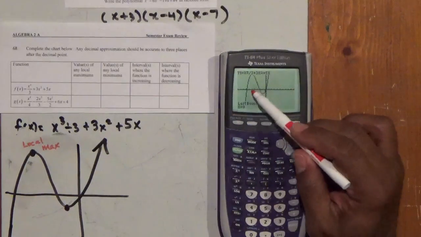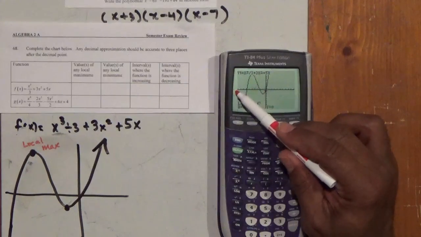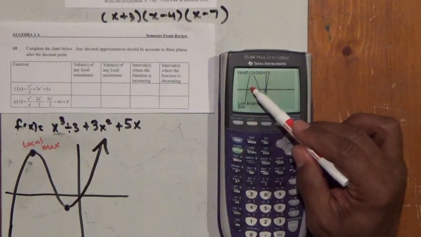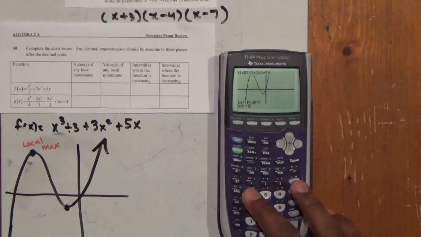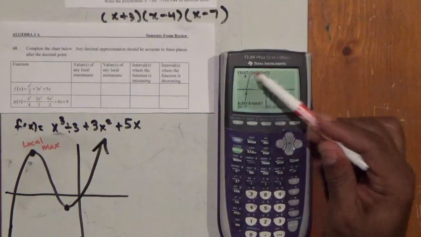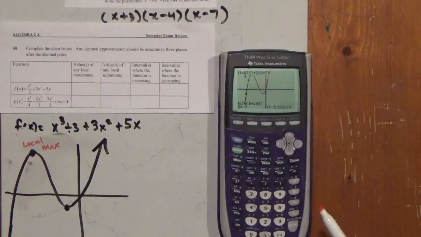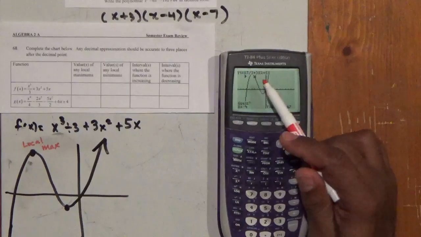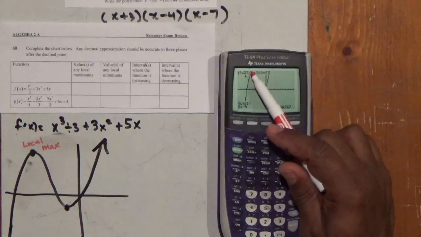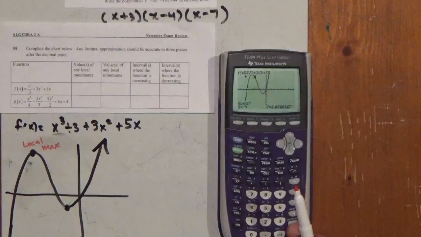Since it's somewhere near -5, -6, we're going to type in about -7 for our left bound, put our cursor up, and we can put in -4 as the right bound. The maximum value is definitely between the two.